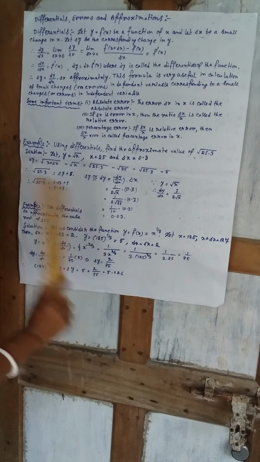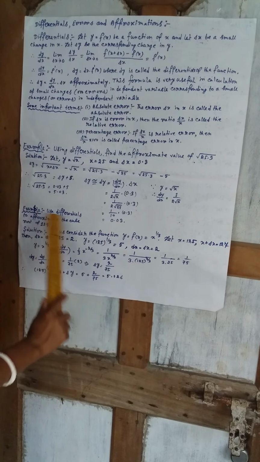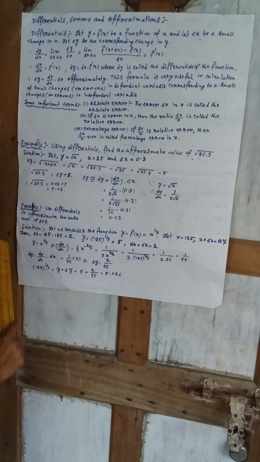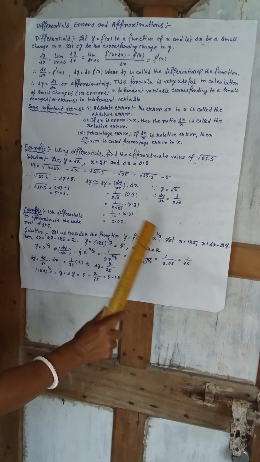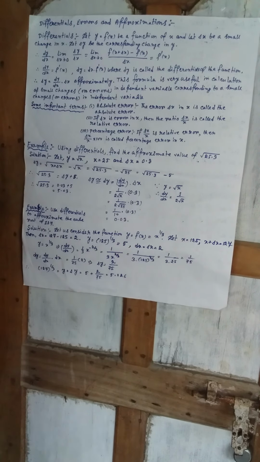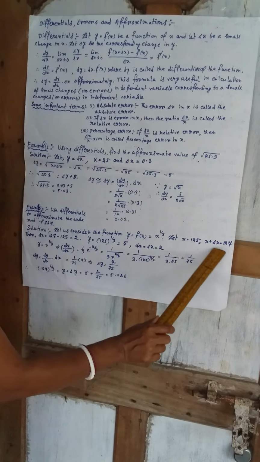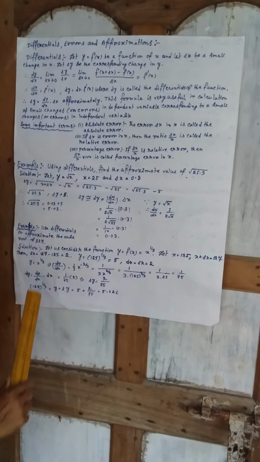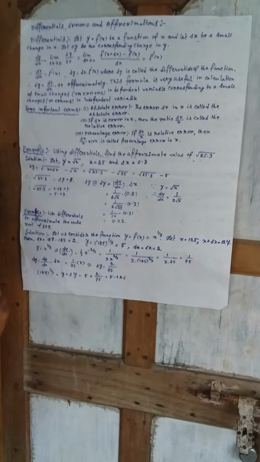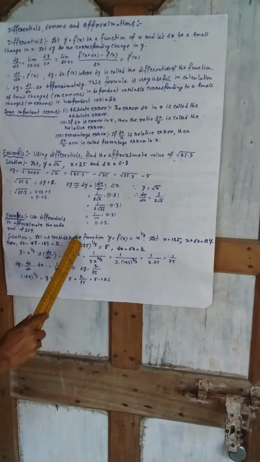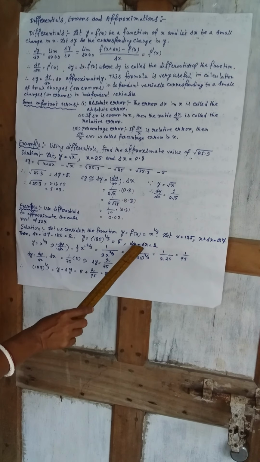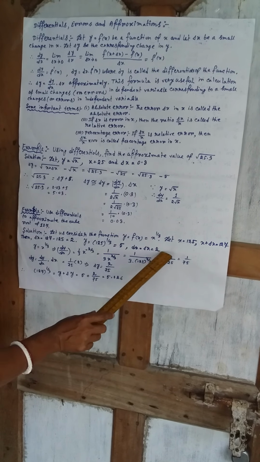Let us consider the function y equal to f(x), that is equal to x to the power 1/3, because cube root of 127. Let x equal to 125, then x plus del x equal to 127. This is the increase, del x, that is 2. Now del x equal to 127 minus 125 equal to 2. y equal to 125 to the power 1/3, that is equal to 5. Now dx equal to del x, that is equal to 2.